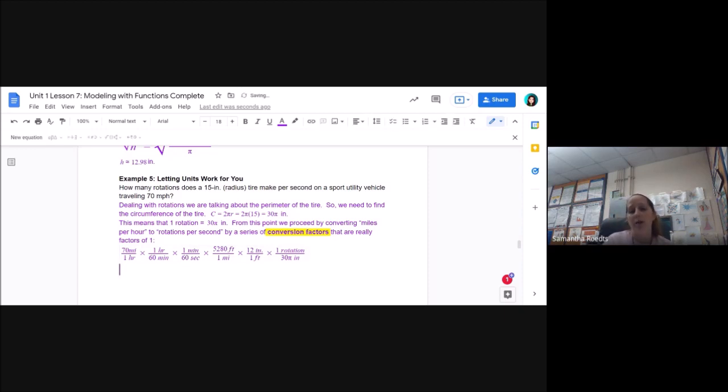Now all I'm doing is multiplying straight across: 70 times 5,280 times 12 over 60 times 60 times 30 pi. This is going to equal approximately 13.07 rotations per second.